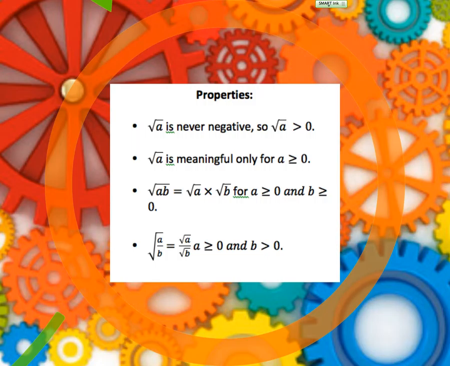And also, a has to be greater than or equal to 0. We'll talk a little bit more when we get to our functions section about when we have those domains that don't work and stuff like that. But that a, what's underneath that radical symbol, does have to be greater than or equal to 0.